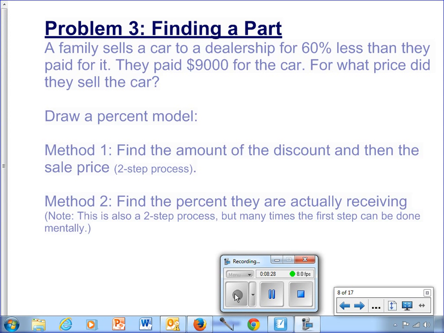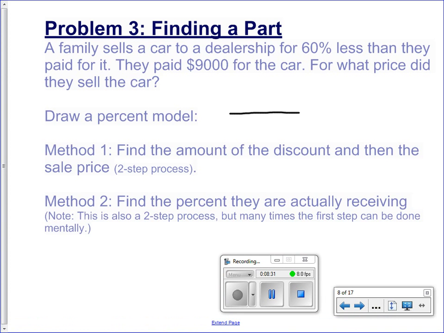All right, we're going to begin by drawing a little percent model. And this may help. You don't always have to do this. But you have some options here, and this may help you visualize the problem. All right, so on the bottom, I'm going to show my percents. 0%, 100%, and in the middle, somewhere, it says 60% less.